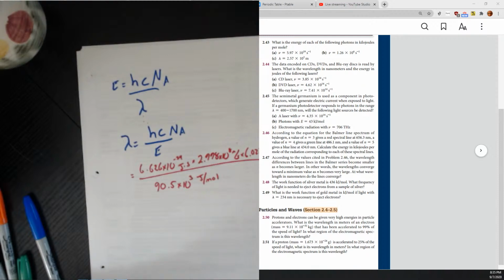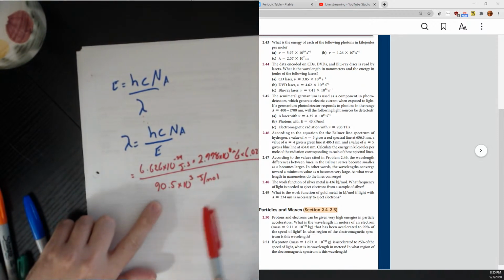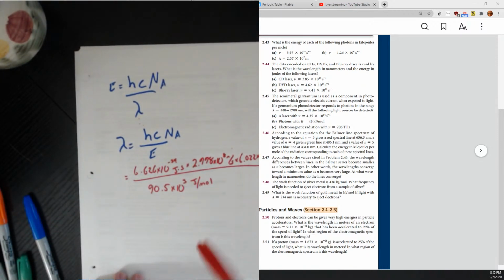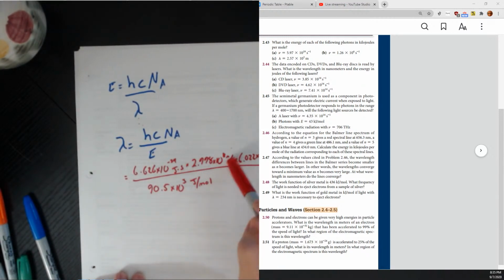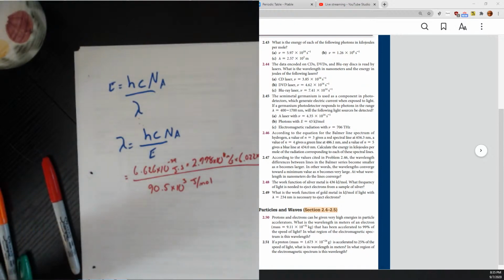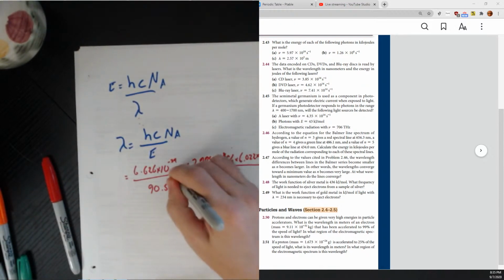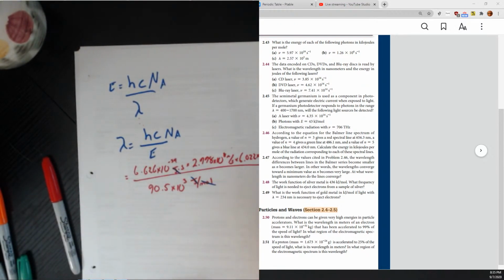They gave it to us as 90.5 kilojoules per mole, so I just translated it to joules. That way the joules here will cancel out. The seconds will cancel out there. I'll go ahead and mark those off. Joules cancel, these per moles cancel, and seconds cancel, leaving us with meters.